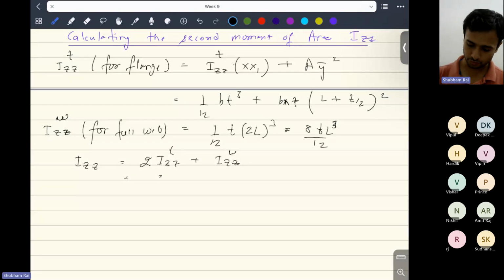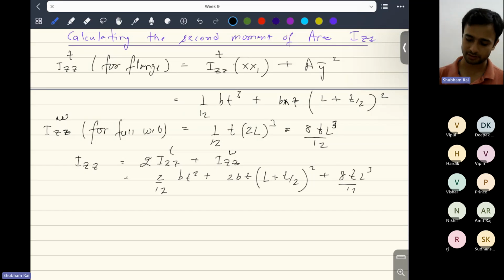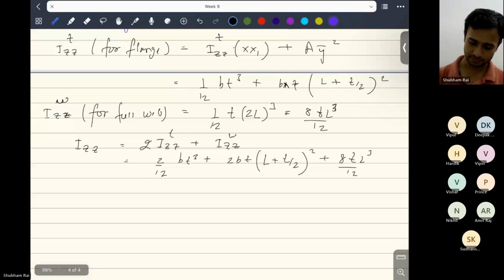You will get 2 by 12 B T cube plus 2BT (L plus T by 2) the whole square plus 8 T L cube by 12. You can further simplify it, but this is the final expression for IZZ.